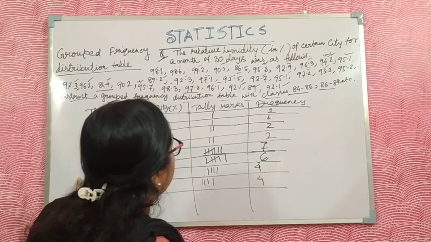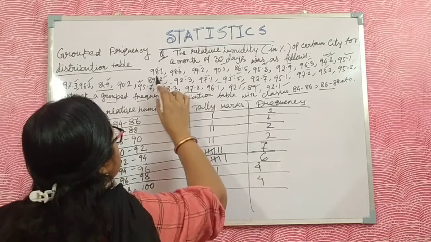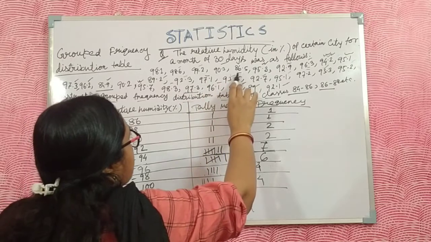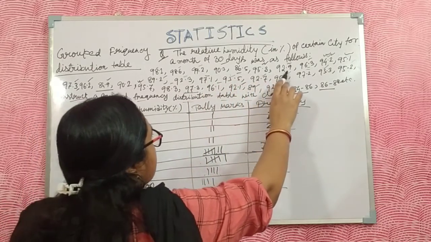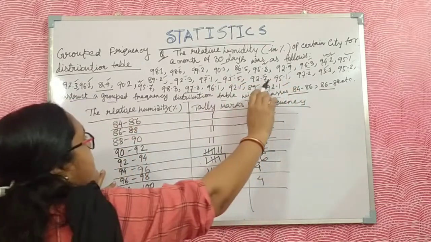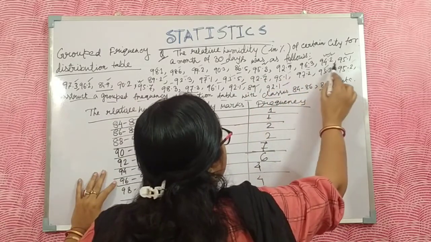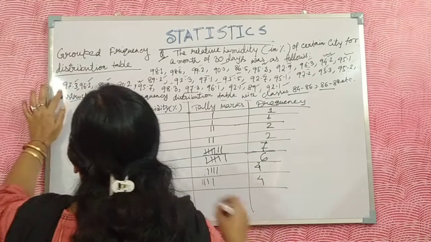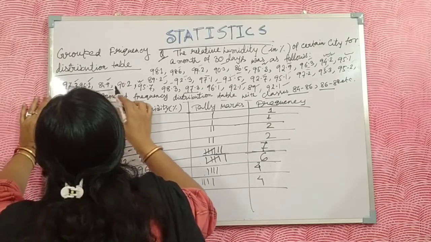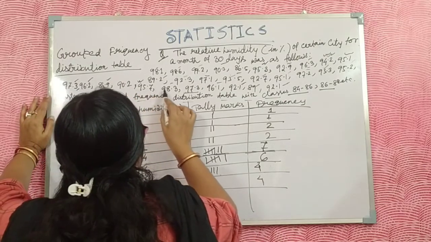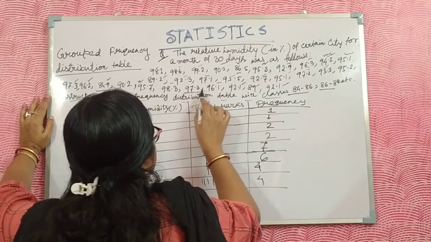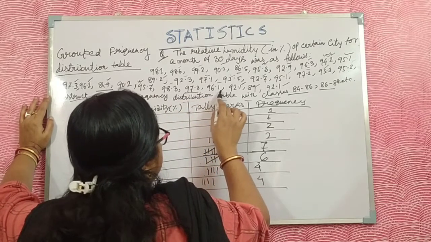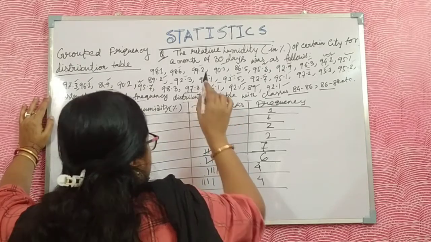And 96 to 98, and then 1, 2, 3, 4, 5 and here 6.